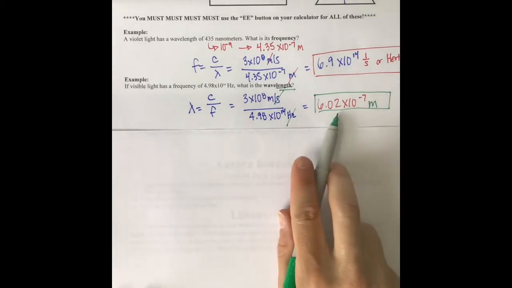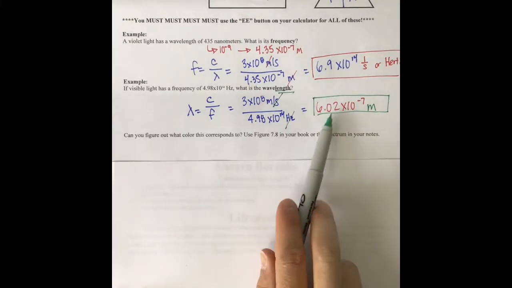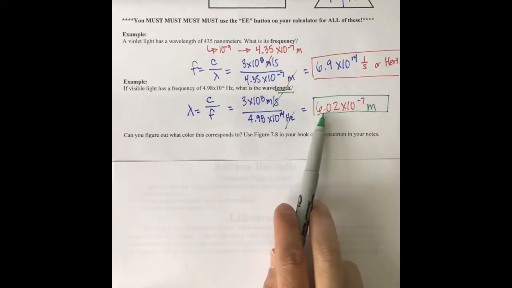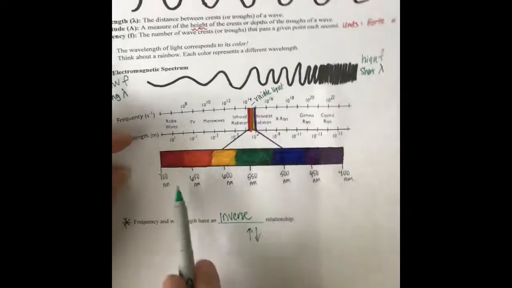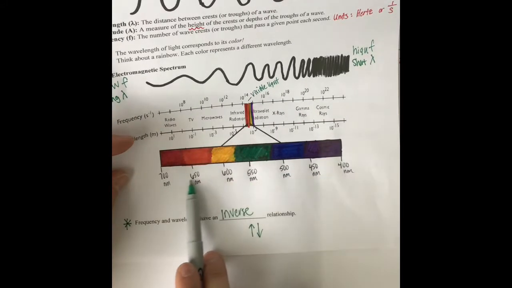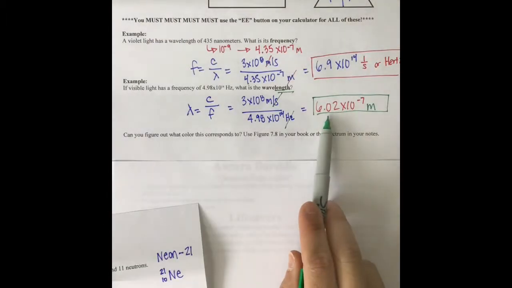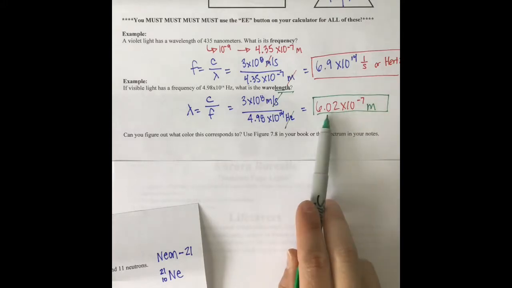What is the wavelength? Sometimes you will be asked a follow-up question. Can you figure out what color this wavelength corresponds to? So they want to know what color of light this wavelength would correspond to. All of these are in nanometers. So remember, meters can be converted to nanometers pretty easily.